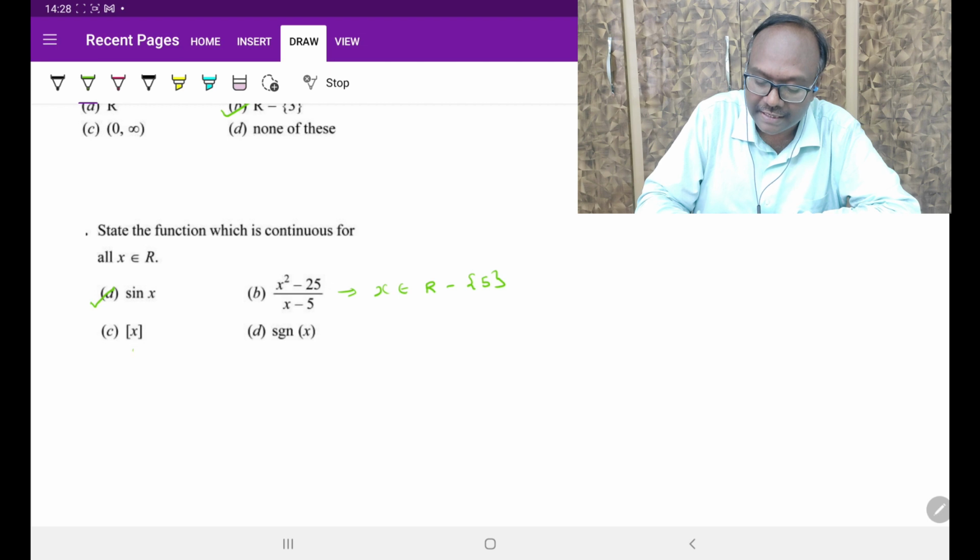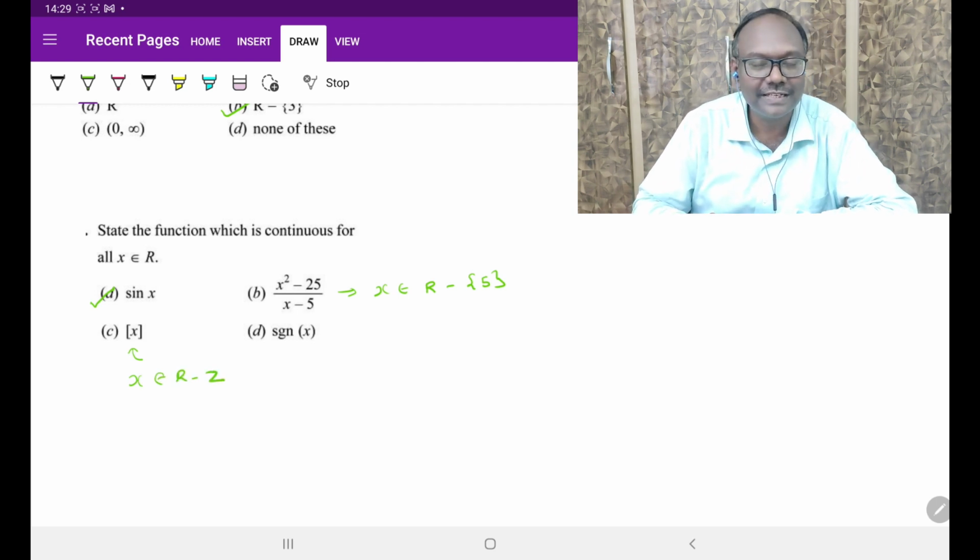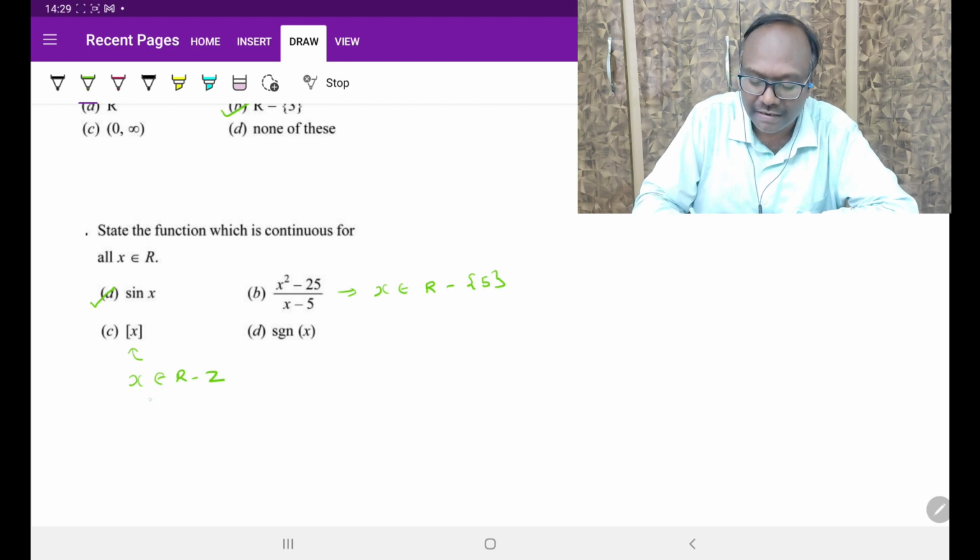Then the step x or greatest integer function. This function is continuous for non-integers, x belongs to R minus Z. So this function is discontinuous for all integers. And the signum function is continuous for all real numbers except 0.